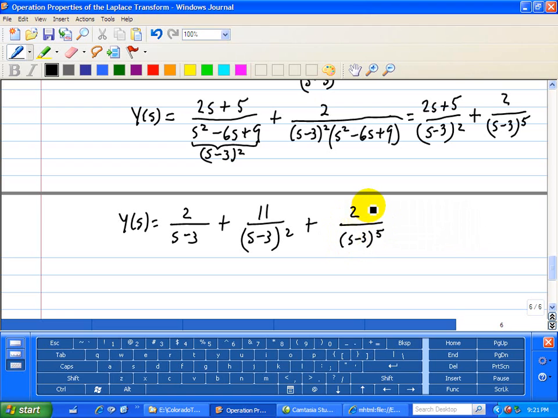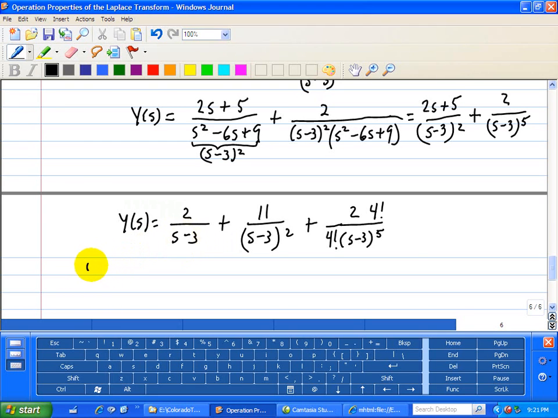Now to get this in the proper form, we need a 4 factorial, and we'll divide by 4 factorial. And we note all this is like a translation property with e to the 3t as the function f of t that will be found.